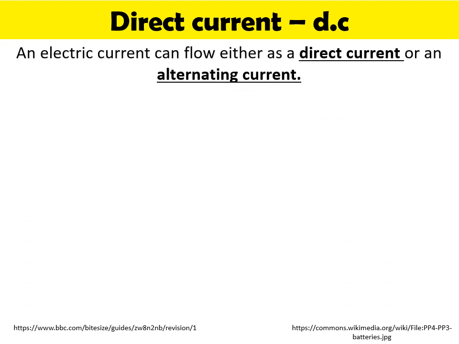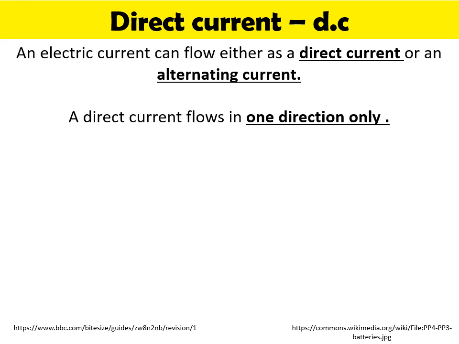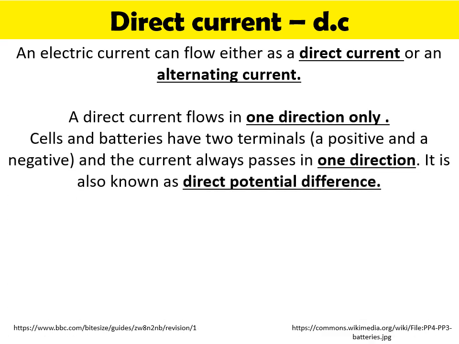The reason why we call this direct current is because it flows only in one direction. Okay, so electric current can flow either as a DC, direct current, or as an AC, alternating current. In that, the direct current flows only in one direction.